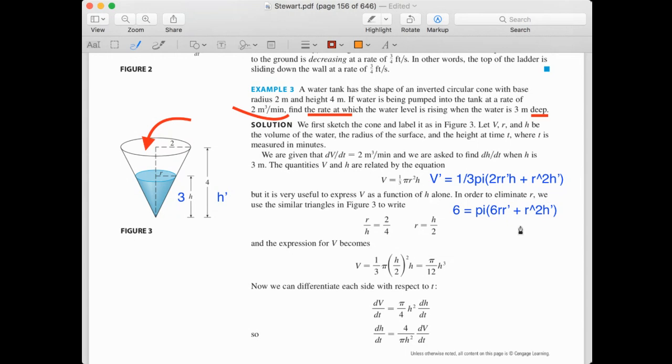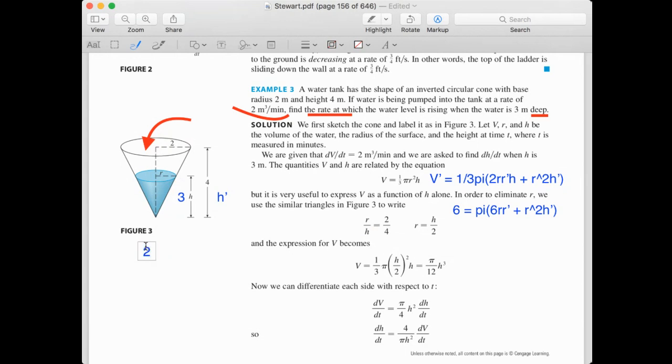So my goal is to find r prime. How do I find r prime? Let's go back to this picture. In this picture, I have similar triangles. You see I have this triangle with sides 2 and 4, and I have this triangle with r and 3. I have similar triangles, so I can solve for r. In similar triangles, the corresponding sides have the same ratio.